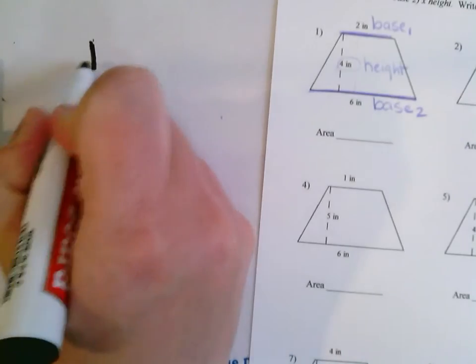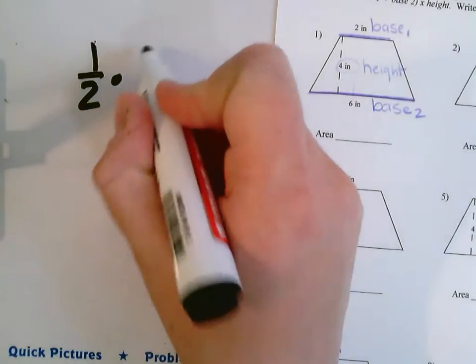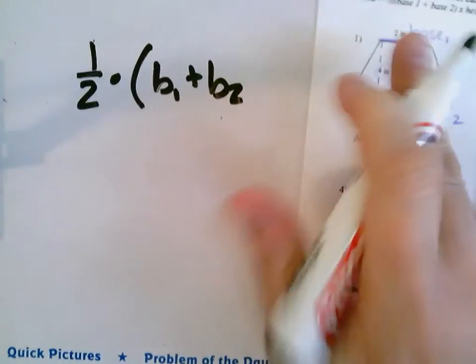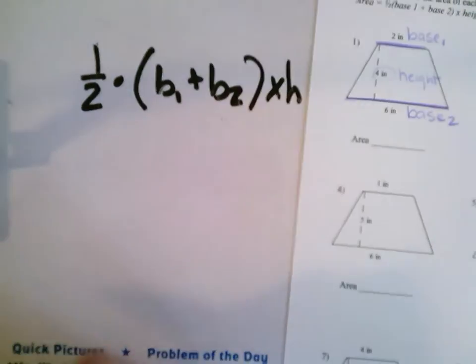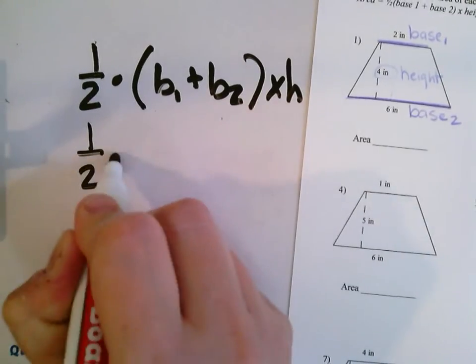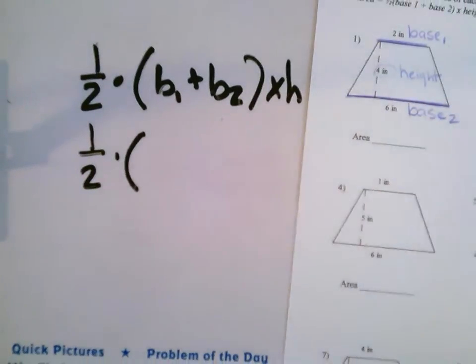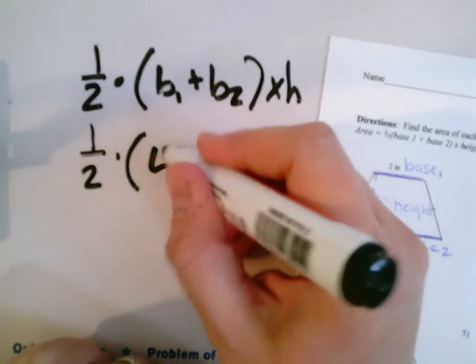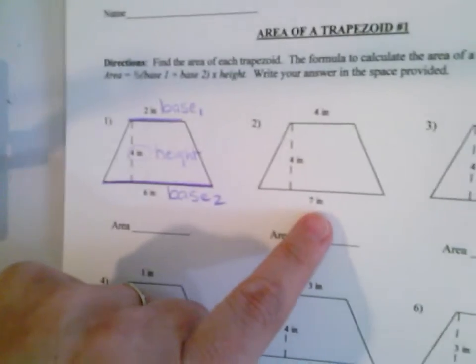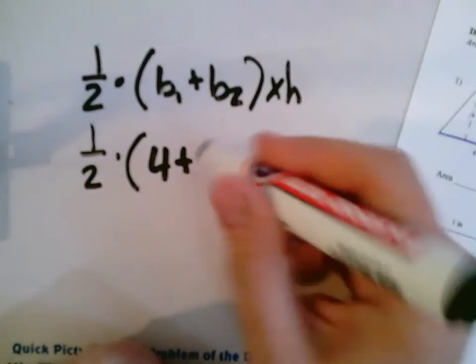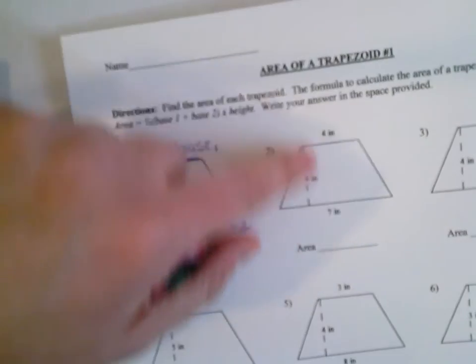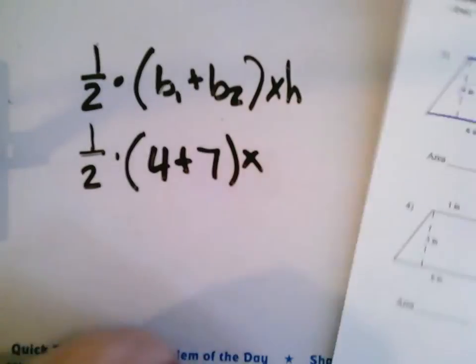So again, I'm going to have 1/2 times base 1, which is 4, plus base 2, which is 7, times the height. The height is the distance between the two bases, which is 4 inches.